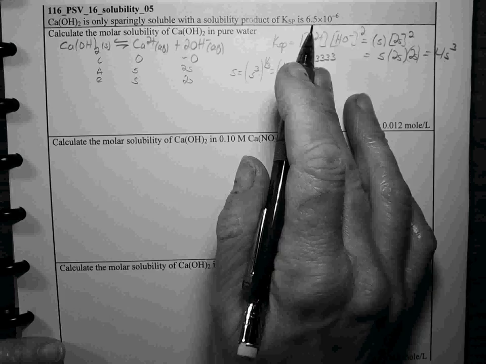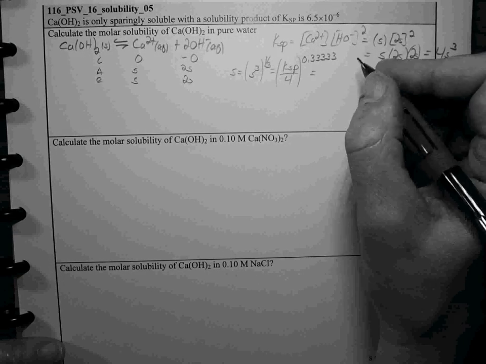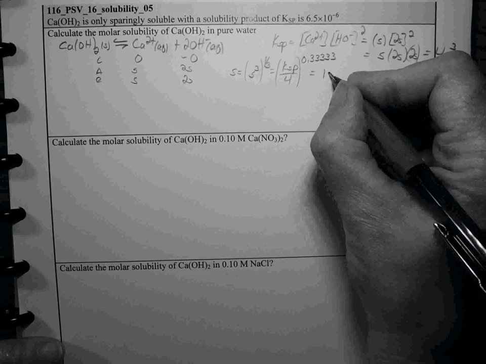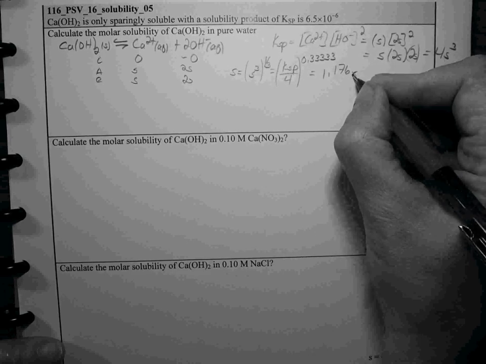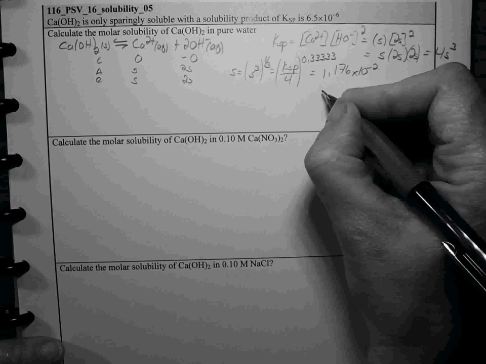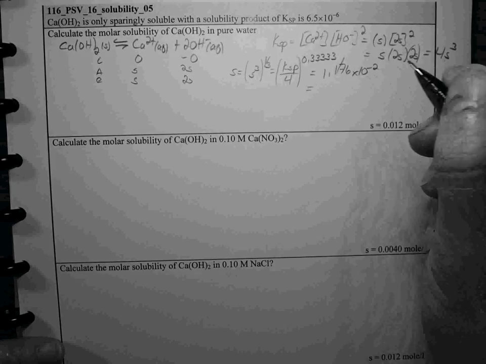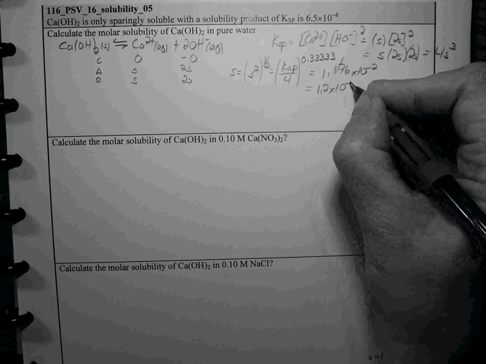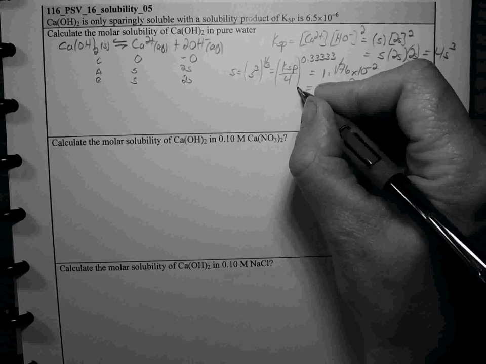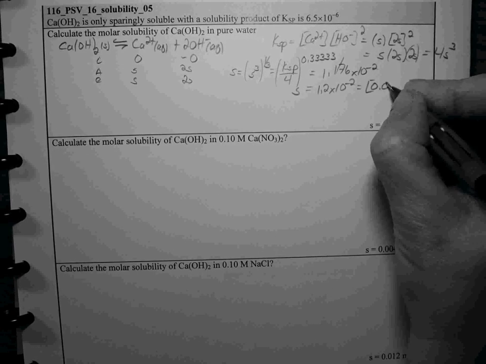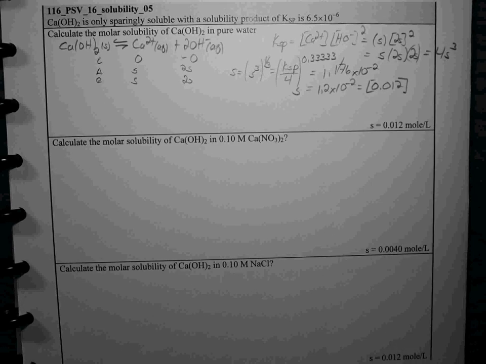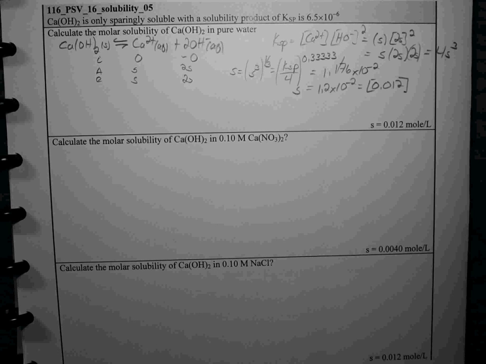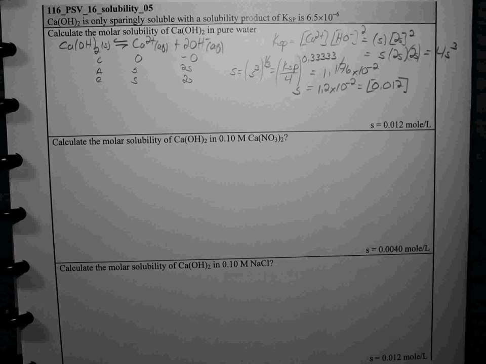We take the value of KSP that we're given, plug that into our equation, and we get S is 1.176 times 10 to the minus 2. So with two sig figs, that's 1.2 times 10 to the minus 2, or we can rewrite that as 0.012 moles per liter. That tells us every liter of pure water will have this number of moles of calcium hydroxide dissolved in it.